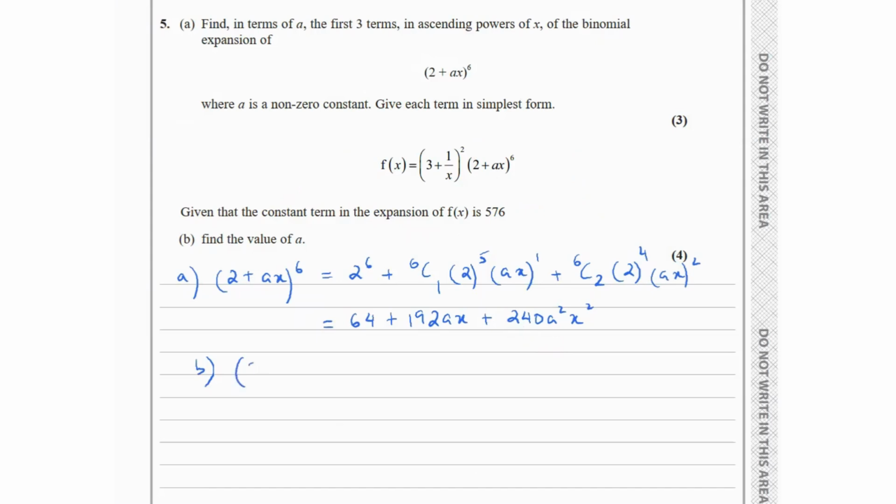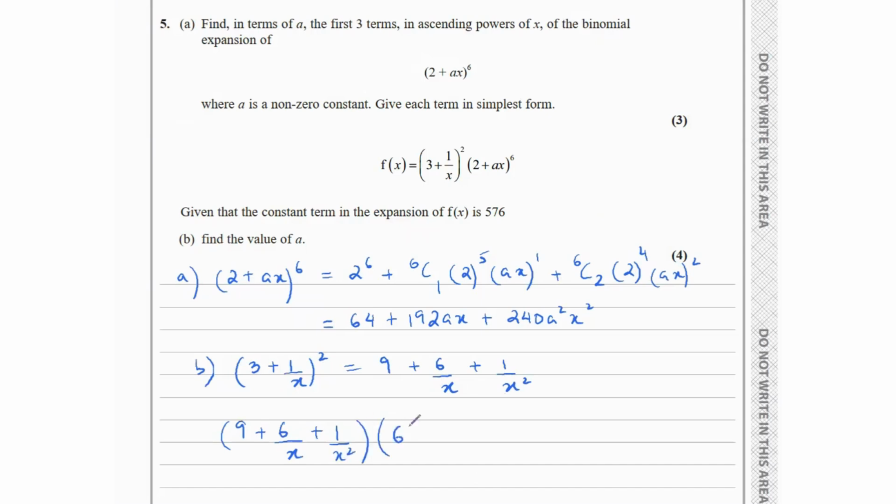Why? Because if I expand this first, that's going to give me 9 plus 6 over x plus 1 over x squared. This is the expansion of (3 plus 1 over x) whole squared. Now I'm multiplying this with the expansion of (2 plus ax) to the power of 6.